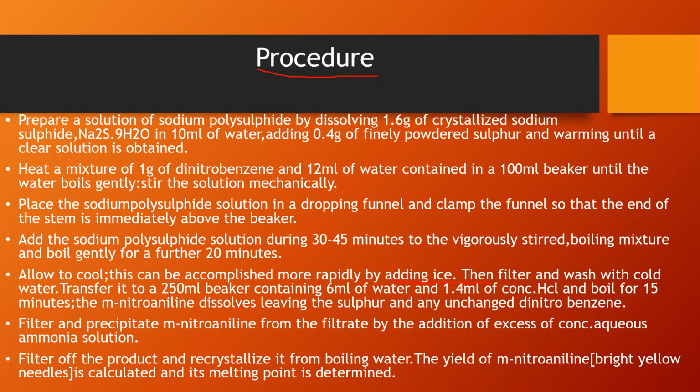The meta-nitroaniline dissolves, leaving the sulfur and any unchanged dinitrobenzene. Filter and precipitate the meta-nitroaniline from the filtrate by the addition of excess concentrated aqueous ammonia solution. Filter off the product and recrystallize it from boiling water. The yield of meta-nitroaniline, which is in the form of bright yellow needles, is calculated and its melting point is determined.